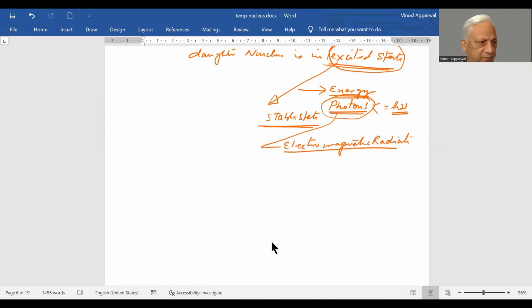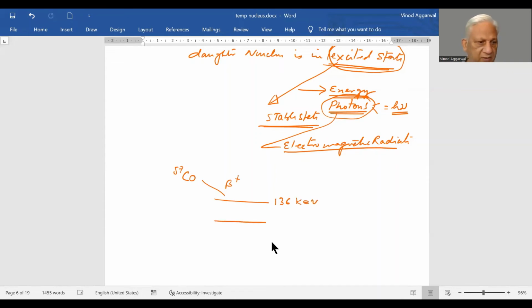Now, just an example, if you take copper 57, which releases beta plus rays, and it comes to 136 kiloelectron volts.